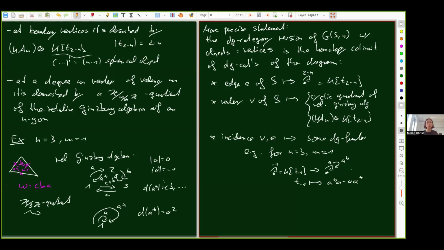Its differential is 0, as you can easily compute. This gives you a well-defined dg functor between two dg categories, in this case with a single object. And the point is, these rules above define an entire diagram of dg categories. And if you now take the homotopy colimit of this diagram in the category of dg categories, then you get this dg category GSN. This should be a bold N.